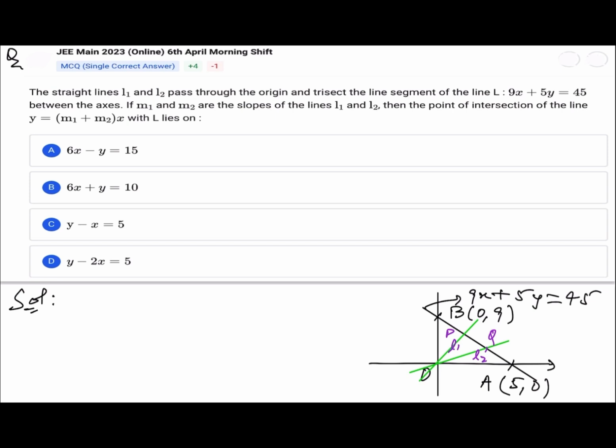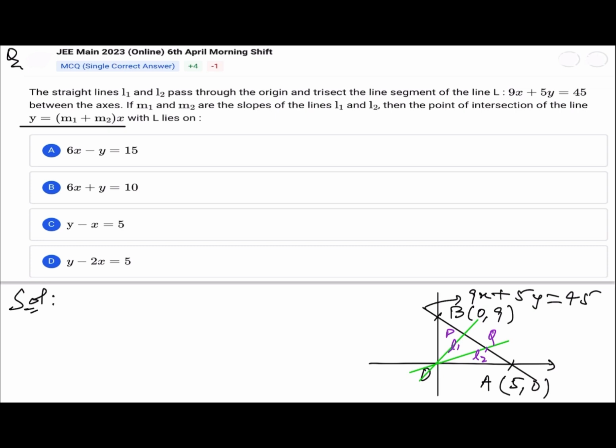Now further, if M1 and M2 are the slopes of the lines L1 and L2, then the point of intersection of the line y is equal to (M1 plus M2) times x with the given line lies on which line? And for this line I have to find M1 and M2.